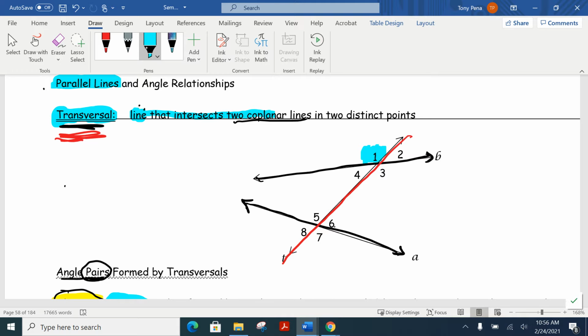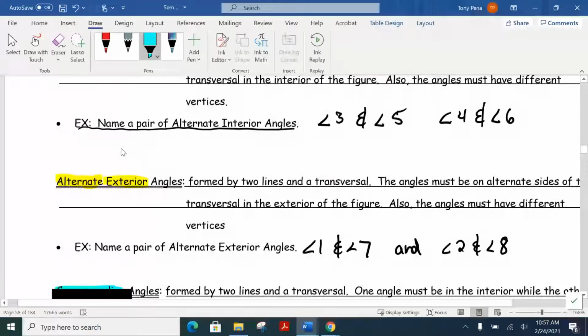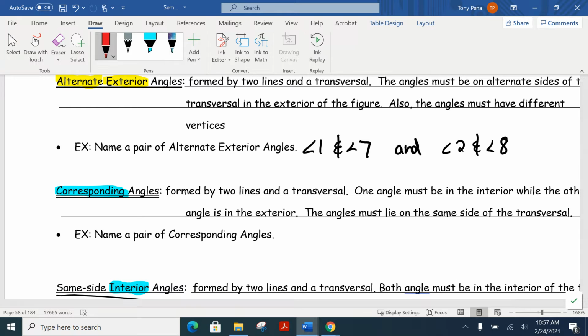If we go down to these 4 angles, whichever one of these 4 angles is the upper left-hand angle, which in this case is 5, those are considered corresponding angles. So in this case, angle 1 corresponds to angle 5. So if you go to the middle where it says corresponding angles, that's the first thing you're going to put. So angle 1 and angle 5 correspond to each other.